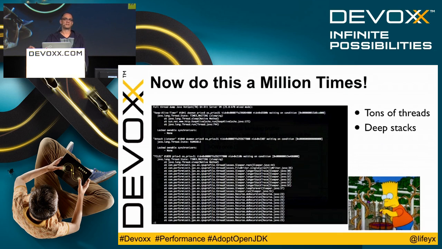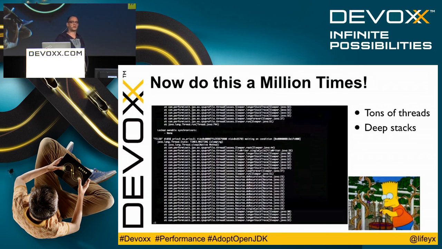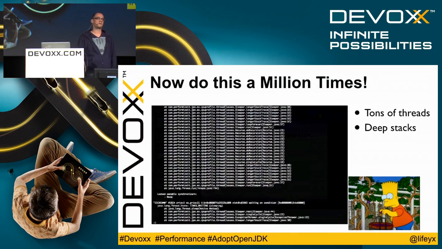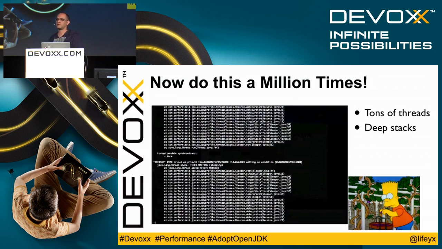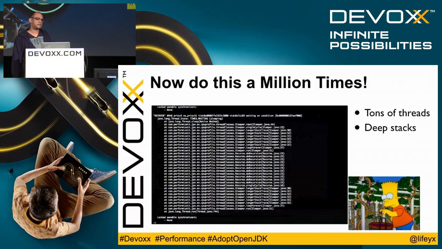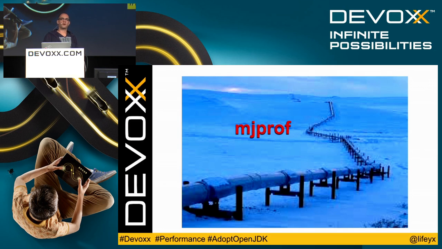The problem happens when you have many threads and deep stacks. It's really getting nasty. You have a lot of information that you need to dive into, and it takes a lot of time. So this is where mjprof comes into play.